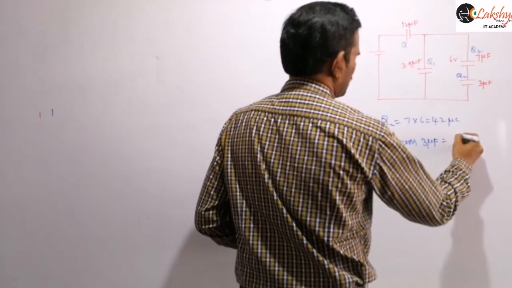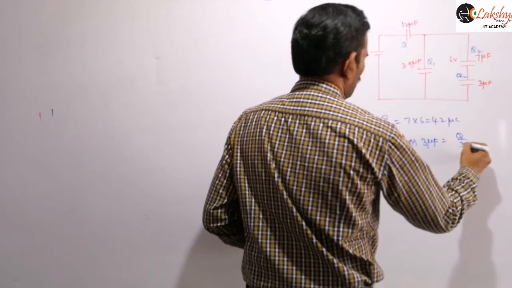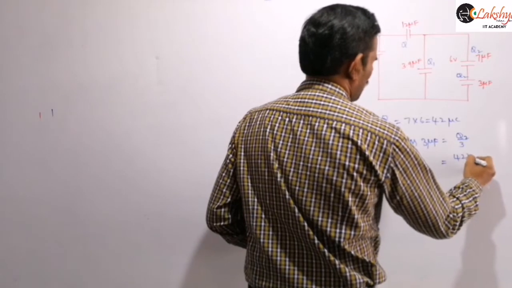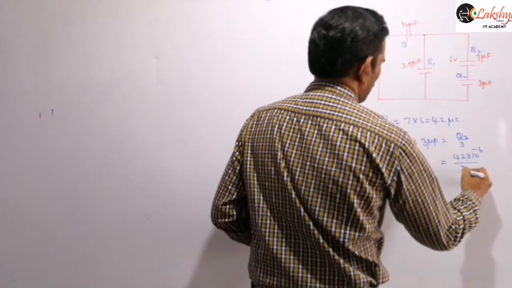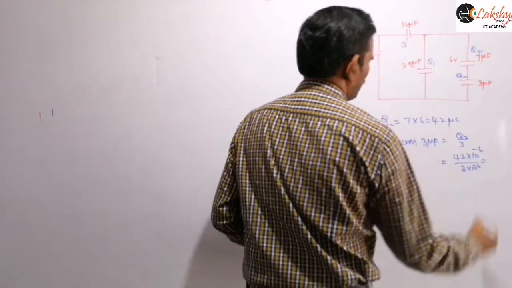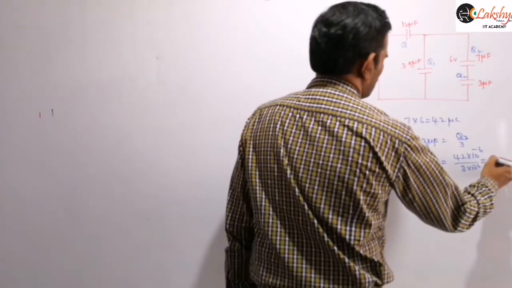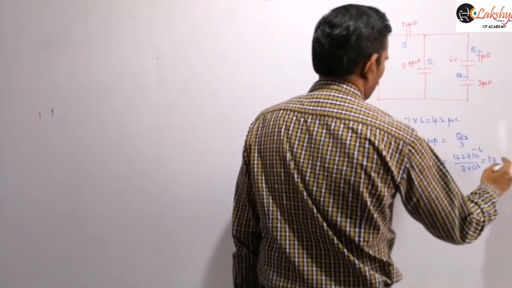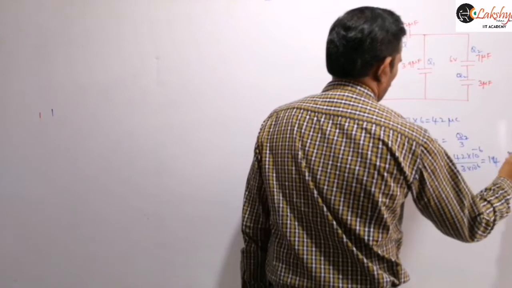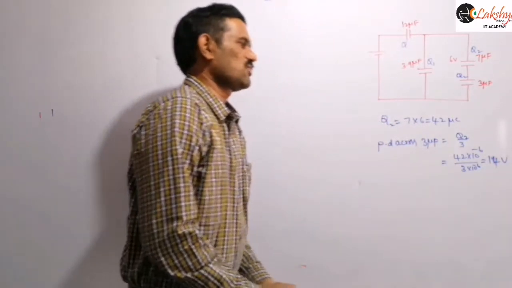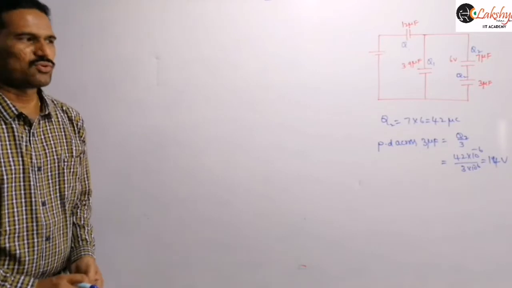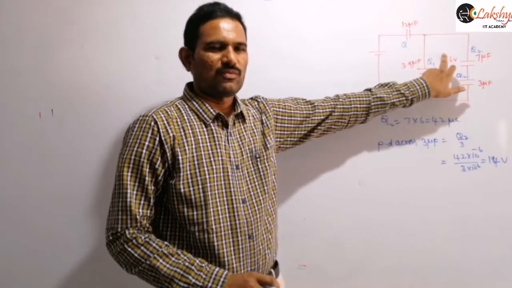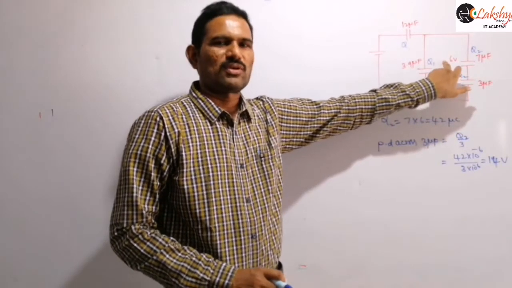So this you can write as Q by C formula, that means Q2 by 3, which is nothing but 42 into 10 power minus 6 by 3 into 10 power minus 6, right? The 10 power minus 6 will be cancelled, so that you will get that value as 14 volts, right? And so now potential difference across this combination will be equal to 14 plus 6. So then you will get 20 volts.